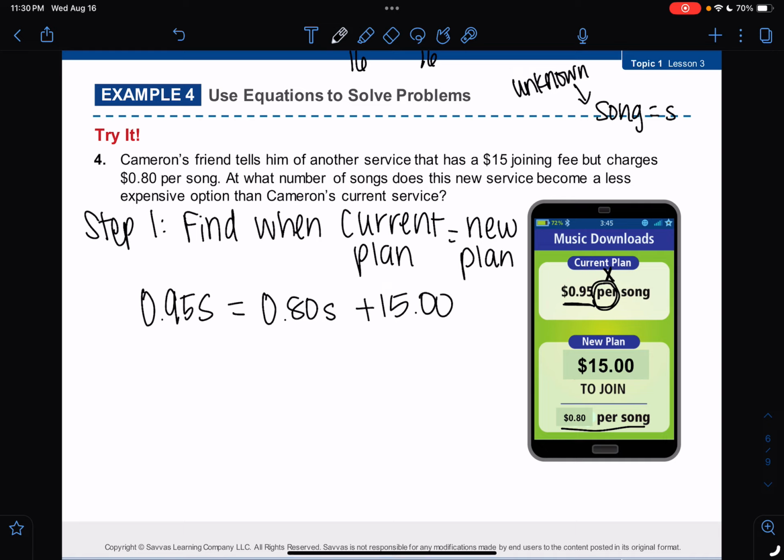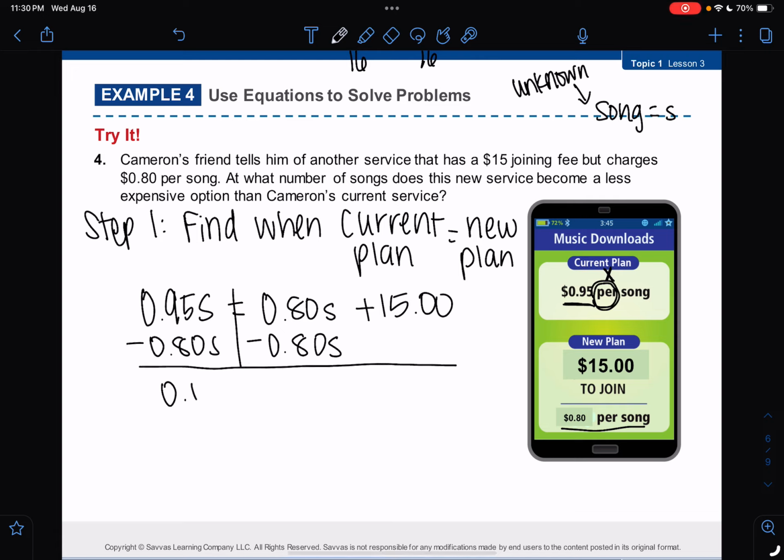Now let's go ahead and answer that. All right, so let's combine our terms by moving that S term to the left side. So we'll subtract 0.80 S on both sides. And we've got 0.15 S is equal to $15.